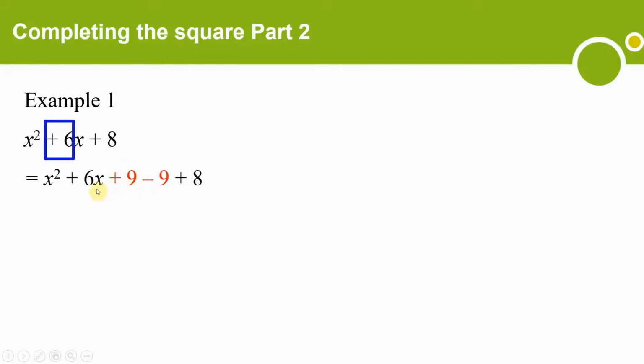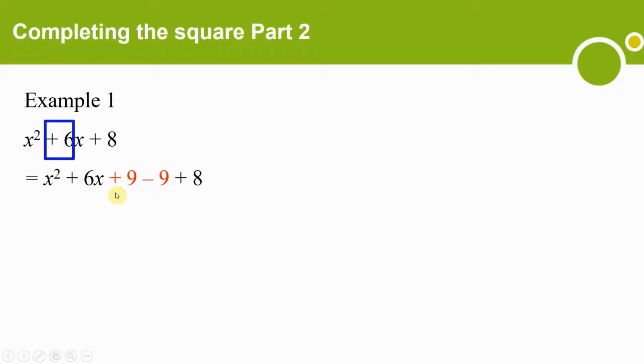How do we get 9? It is 6 divided by 2 and we square it. Remember just now? So the middle term divided by 2, we square it, we get 9. So we add 9, but at the same time we minus 9 because we do not want to change the expression. By doing this, it is the same as the original expression.